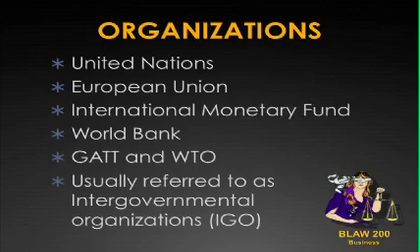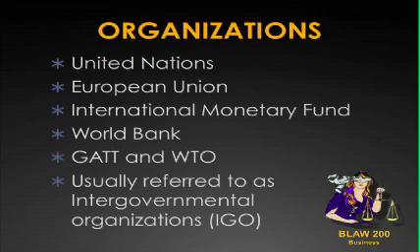Now, there's an awful lot of other different intergovernmental organizations. We'll talk very briefly about the European Union. Again, it's many years in the creation, maybe 30, 40 years from the early attempts to get together. Talk about the International Monetary Fund, World Bank.